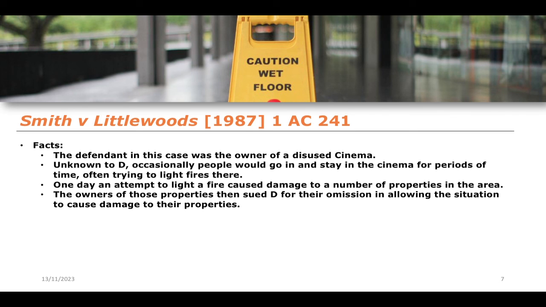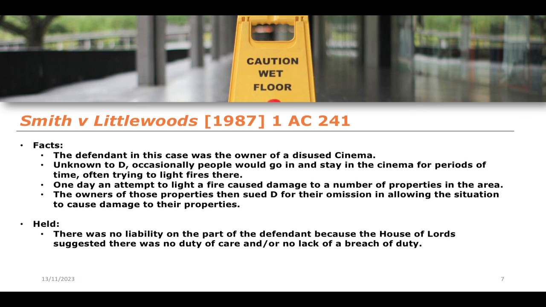The owners of those properties decided to sue the owner of the disused cinema, not for their act, because they weren't the ones who lit the fire, but for their omission in allowing the situation to cause damage to their property, their failure to secure their cinema in such a way as to ensure that people weren't going to squat there and light fires.